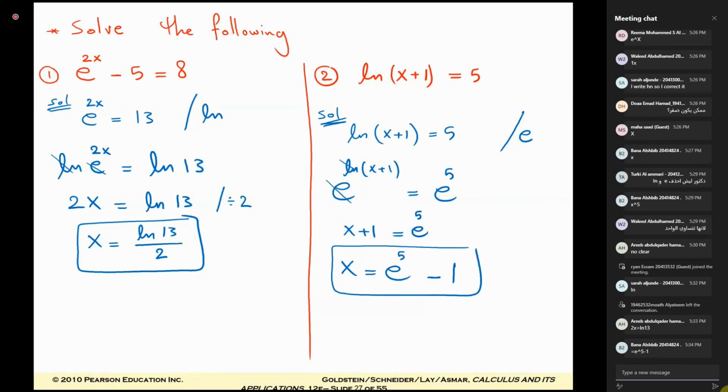Okay. So we need to take the ln to remove the e from the equation. We need to take the ln of both sides in an exponential equation if we have e or any number, to remove the base.